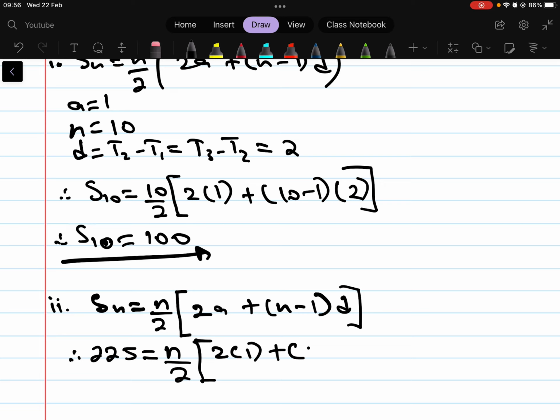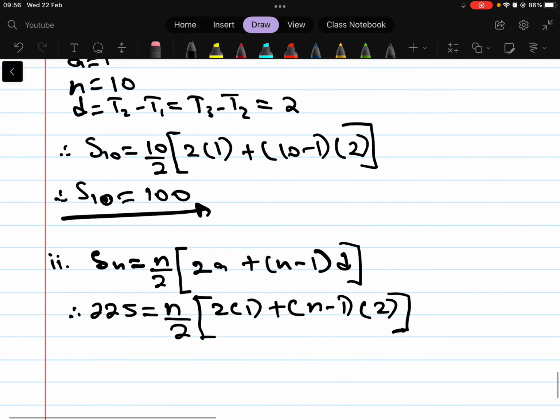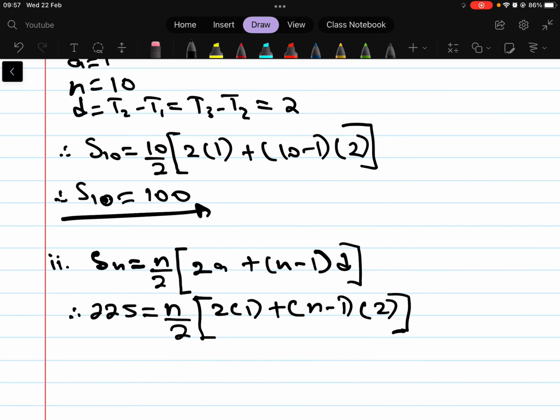Then we just need to substitute properly and then solve the question for n. So how do we solve 225? When you multiply by 2, you get 450, and then you are left with n on the right hand side times 2, because 2 times 1 is just 2. And then to simplify the inner brackets, you're going to get 2n minus 2.